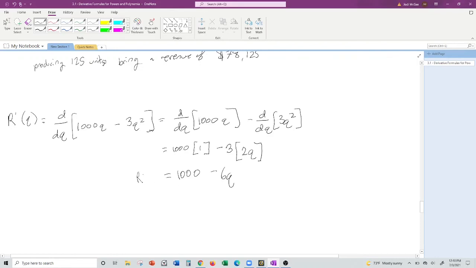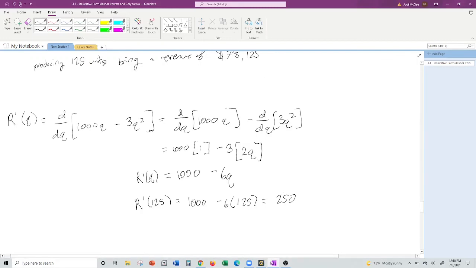This is the derivative of the revenue function. Now we're asked to evaluate the derivative at 125. So the derivative at 125 is 1,000 minus 6 times 125, which gives us 250.